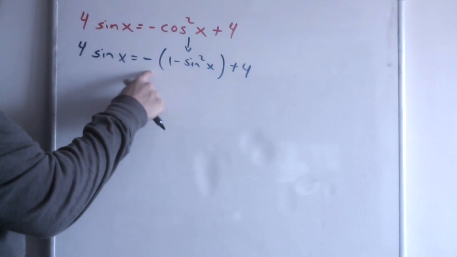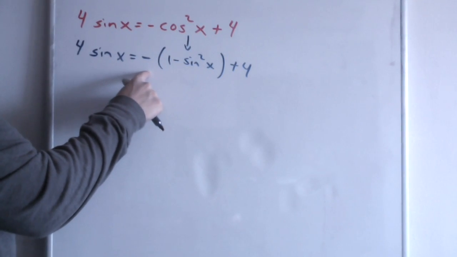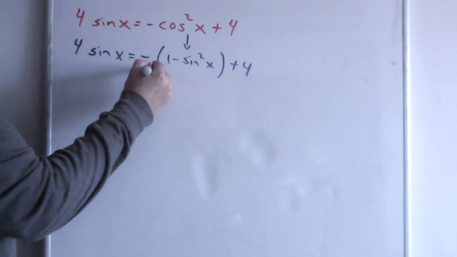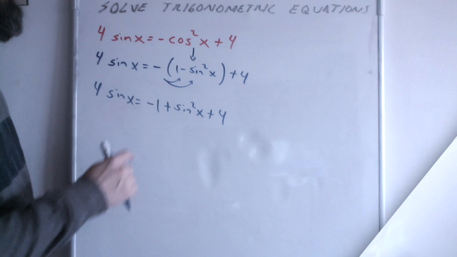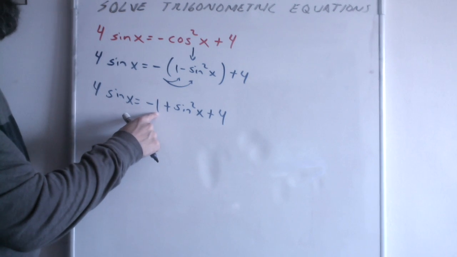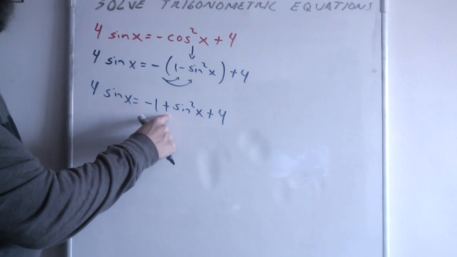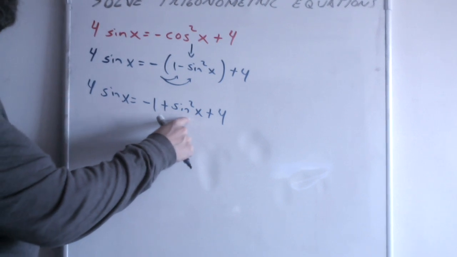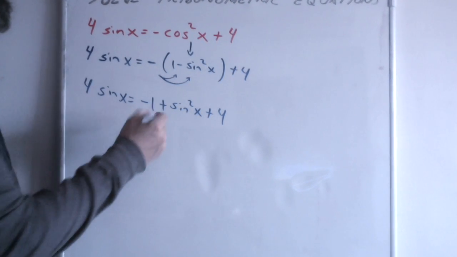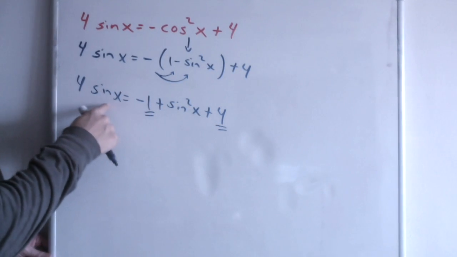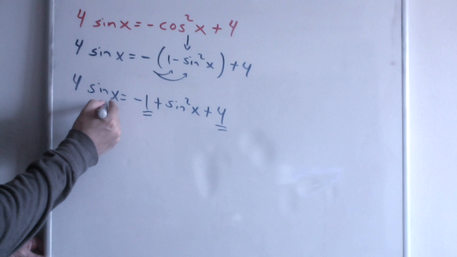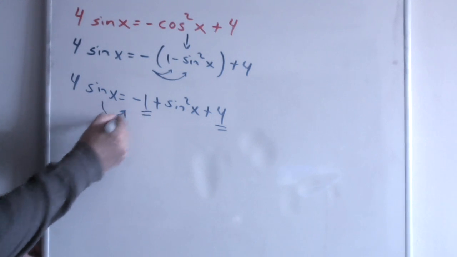So now I'm gonna do distributive with this negative sign. So this becomes -1 and this becomes plus sine squared x plus 4. I'm gonna add the common terms and take this 4 sine x to the side.